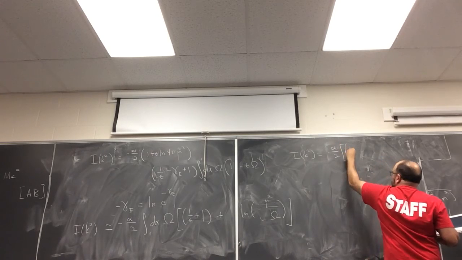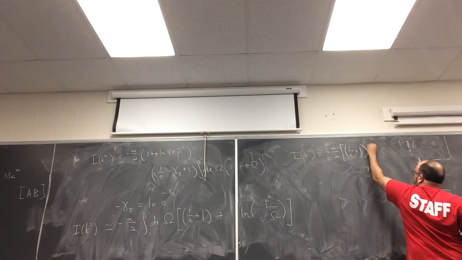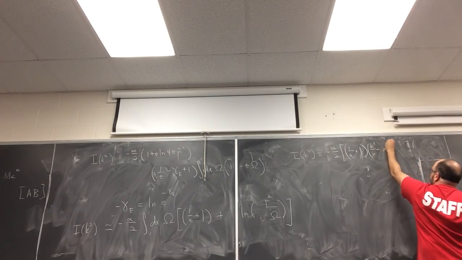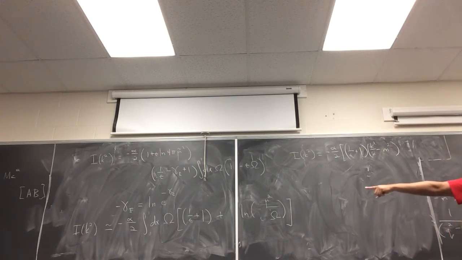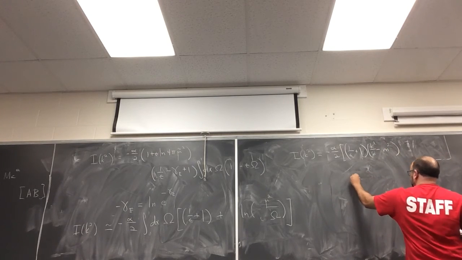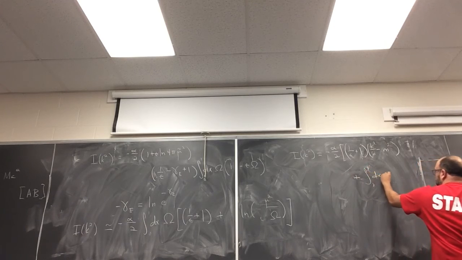I get 1 over epsilon plus 1. I get k squared over 6 minus m squared. That's coming out of that omega when I plug back in what capital omega is. But this integral, the natural log one, is still a pain, so we're just going to leave it alone.